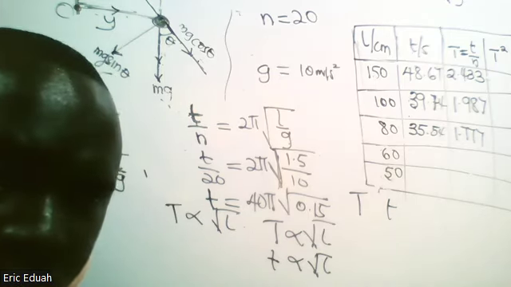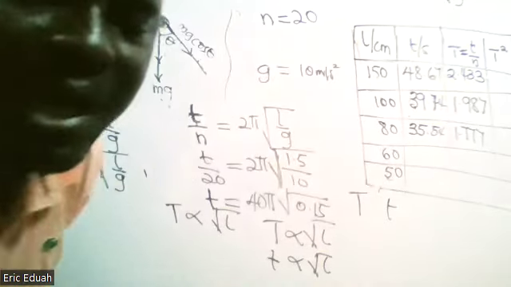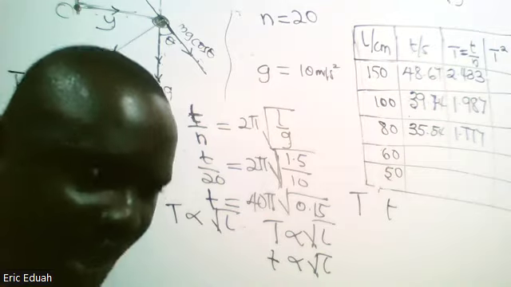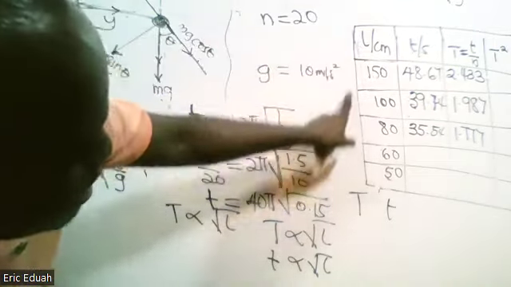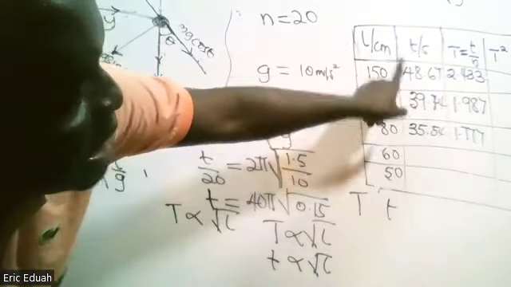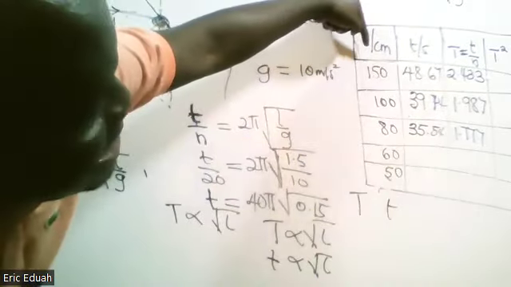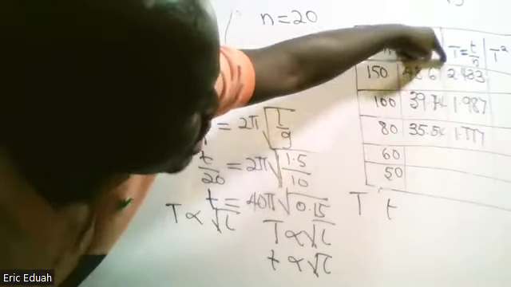We are interested in the trend. And the trend is that as L increases, t must increase and the period must also increase. As L decreases, t must decrease and the period must also decrease.